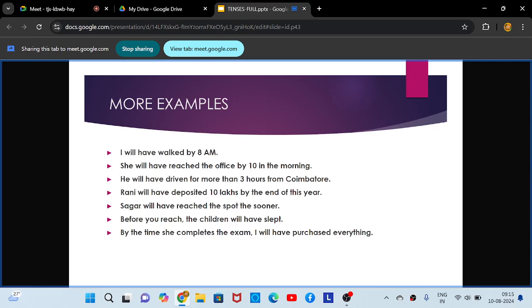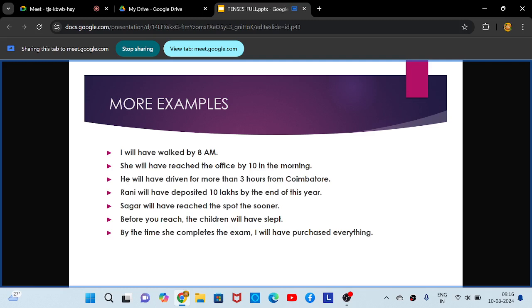He will have driven for more than 3 hours from Coimbatore. Coimbatore is a famous city in Tamil Nadu, known as the Manchester of South India. Most people would have heard of Coimbatore. Have you heard of that Isha Yoga Center, founded by the famous person Jaggi Vasudev?